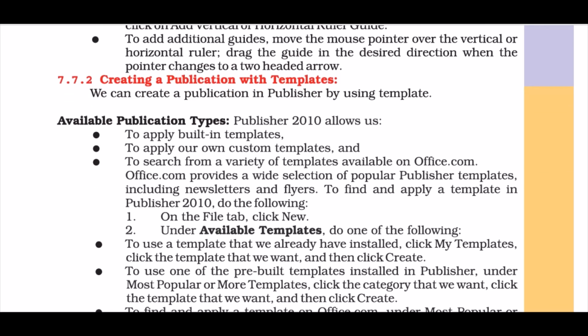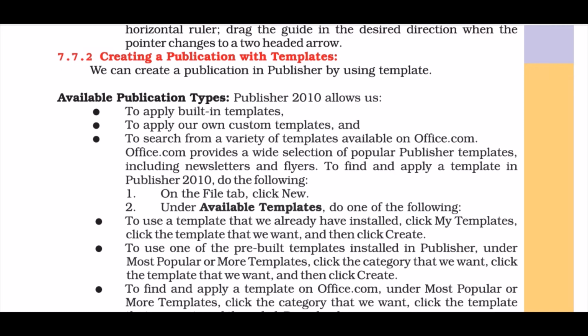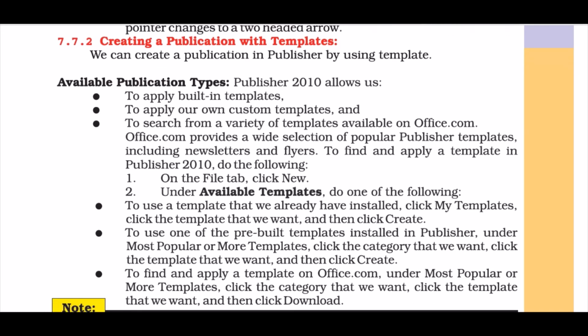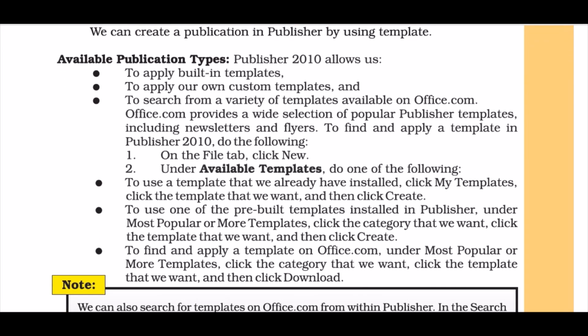Creating a publication with templates. How do we create a publication with templates? We have two steps. By editing already installed templates like we have done earlier, and then we can add them online. If your required option is not there, you can go to the office.com online window, and there you can find the documents you are interested in.